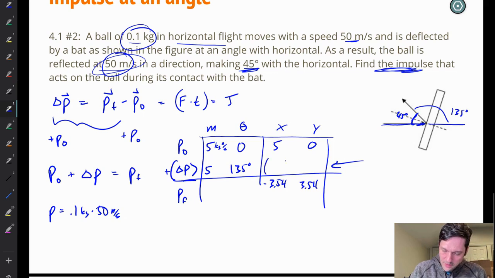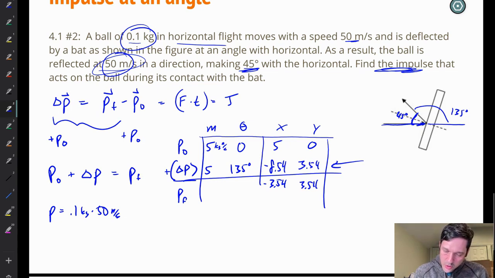So, what's the missing value here? Well, it would be negative 8.54. 5 minus 8.54 is negative 3.54. And in the y direction, it had none initially, and it has gained some positive y momentum, which is going to be in the amount of 3.54 kilogram meters per second of momentum.